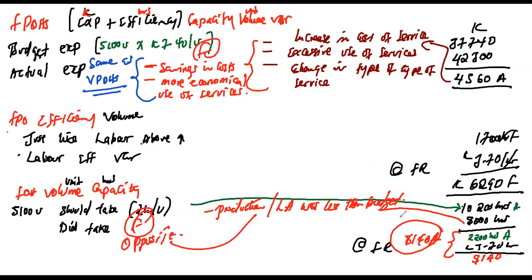Our sales variances have got two things. The sales variance has got price variances and also what?